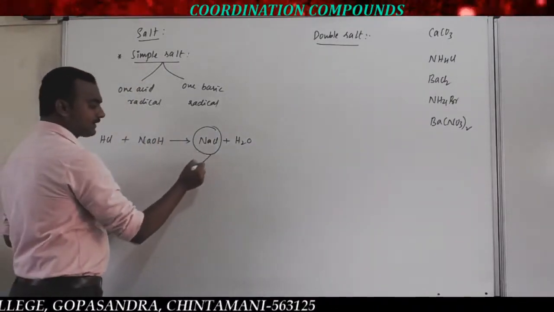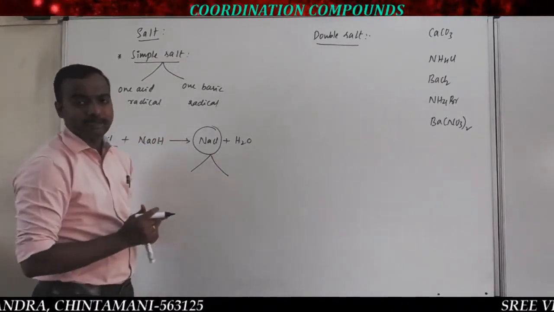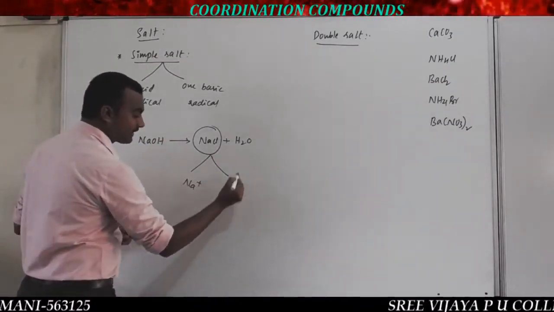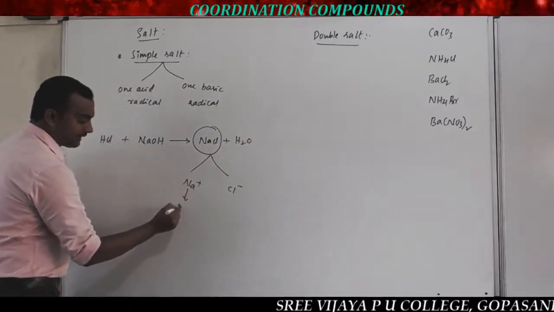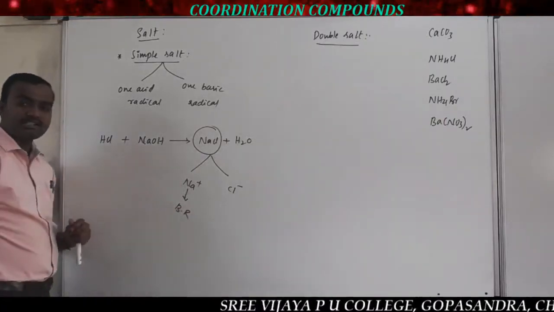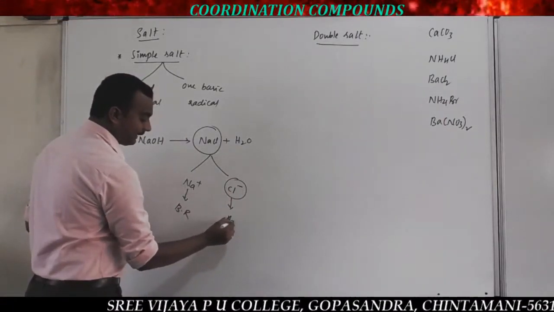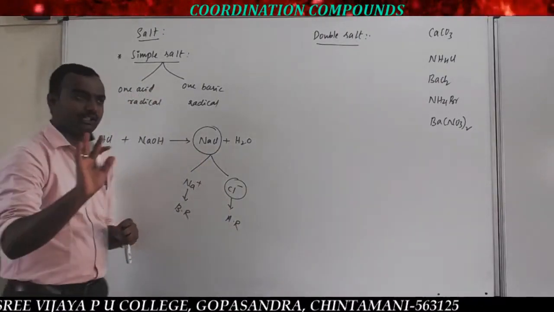When it is dissolved in water, it undergoes ionization, that is, it splits into two types of ions. One is called Na+, sodium ion, and the other is called Cl-, chloride ion. This Na+ is called the basic radical, and Cl- is called the acid radical. Why is it called so?